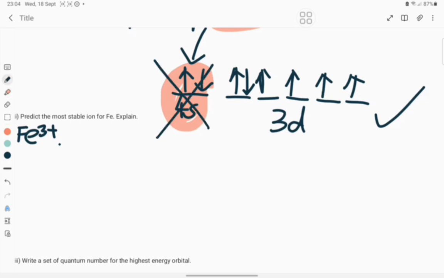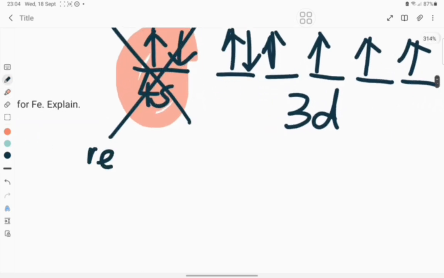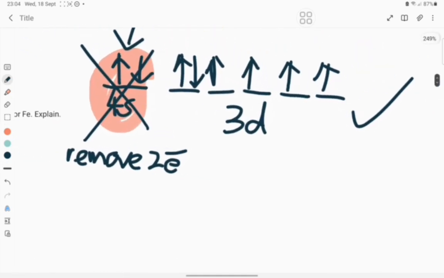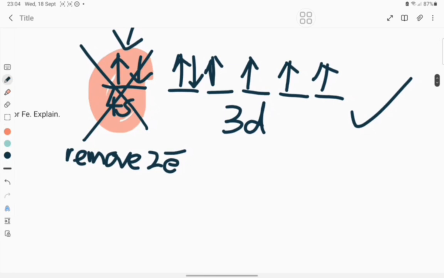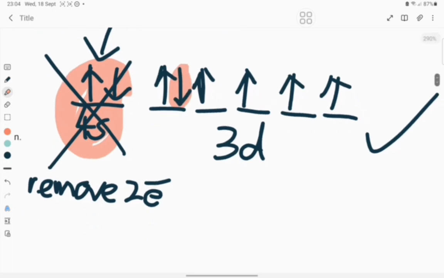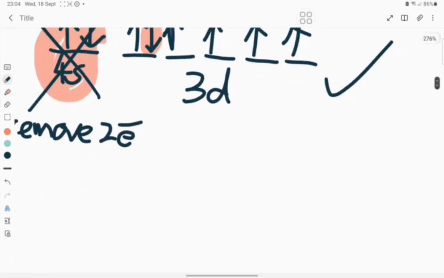We actually remove 2 electrons, right? So it left 3d6, but actually 3d6 is a partially filled orbital. You see, this is not fully filled, right? But we can remove 1 more electron from here.